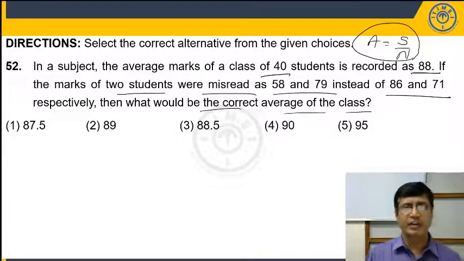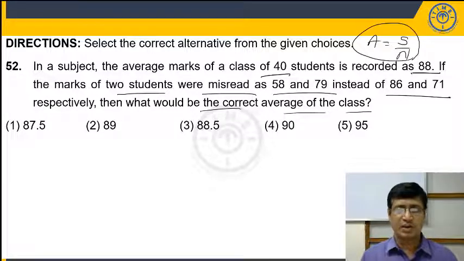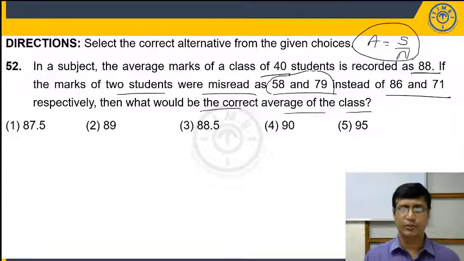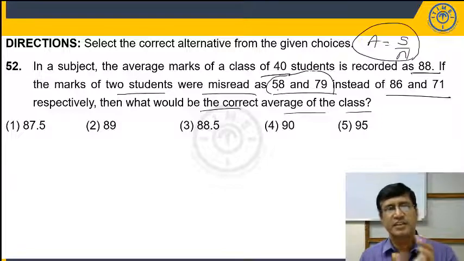We need to find the correct average of the class. But what happened here? Some mistake happened. Instead of 86 and 71, he misread them as 58 and 79. Meaning he quoted less than the actual values. So first of all, just observe how much he quoted compared to the actual value.